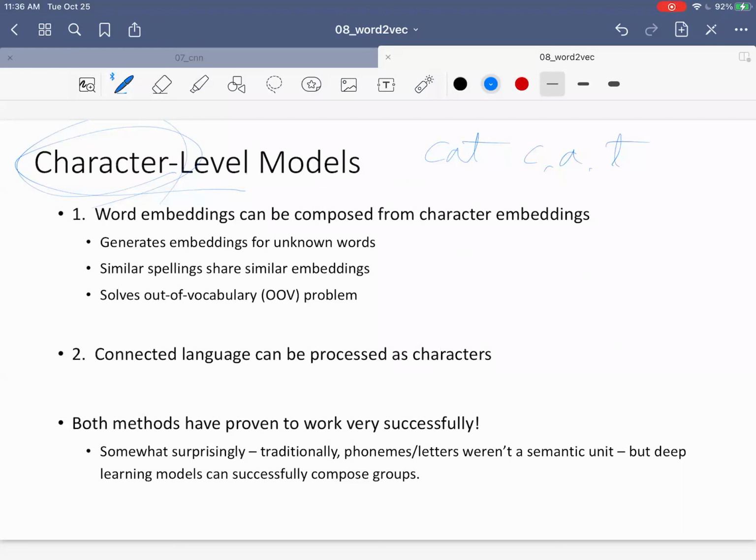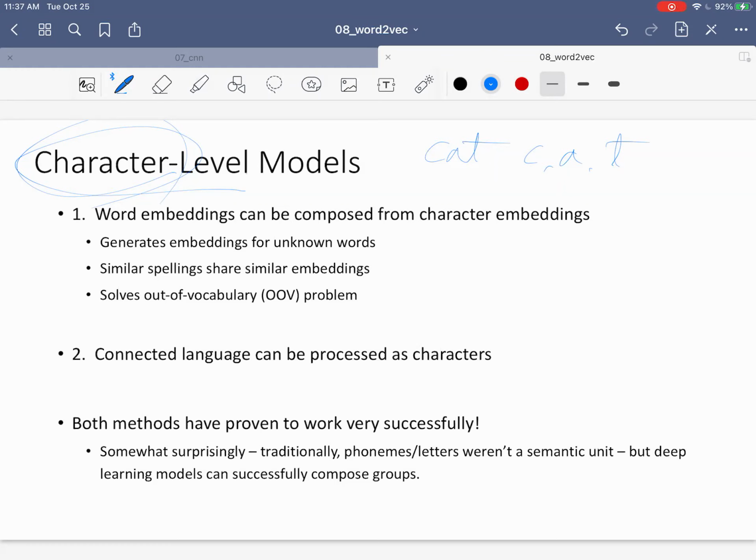In the entire world, English has 26 alphabets, and all the Latin-based languages, German, Italian, Spanish, French, they all have a similar alphabet set. And the number of alphabets in the entire world won't go over 300, probably not more than 1,000, except for Chinese, because Chinese has thousands and thousands of characters.